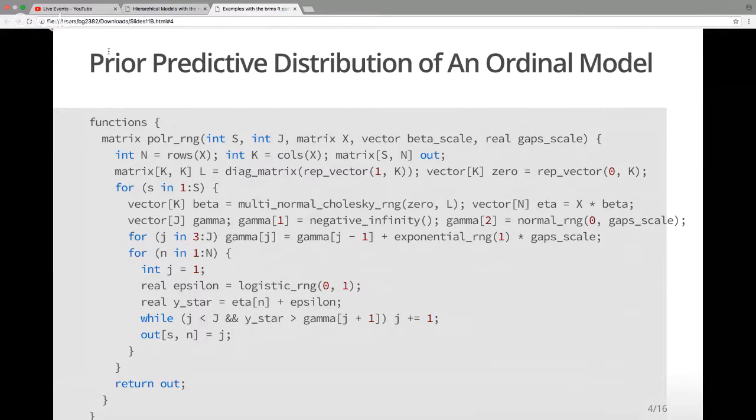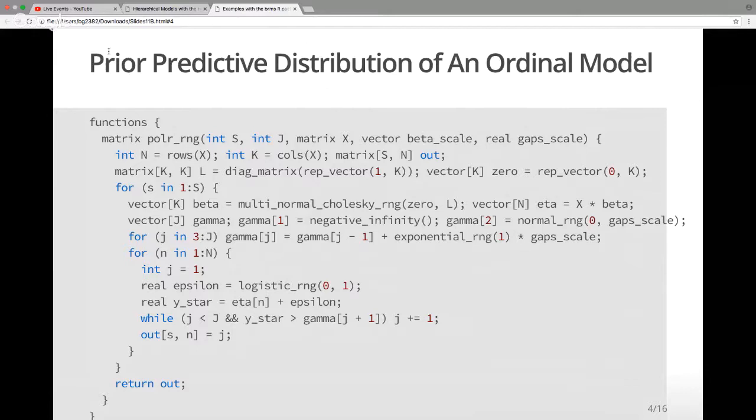The arguments to this function are S, the number of simulations we want to do, J, which is also an integer, the number of categories in the outcome variable, so the number of possible things that the respondents to the survey could say, and matrix X of predictors, which is going to be N by K.